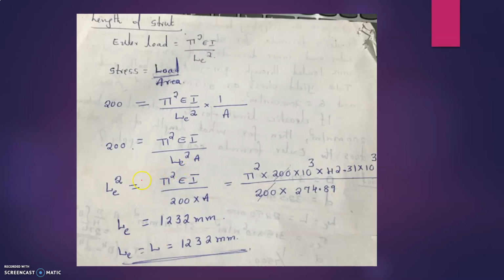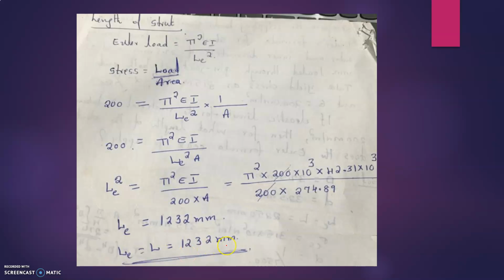So LE square is equal to pi square EI divided by 200 into A. Simplify this: pi square into E is 200 into 10 raised to 3, into I is 42.31 into 10 raised to 3, divided by 200 into area 274.89. So you get LE is equal to 1232 mm.